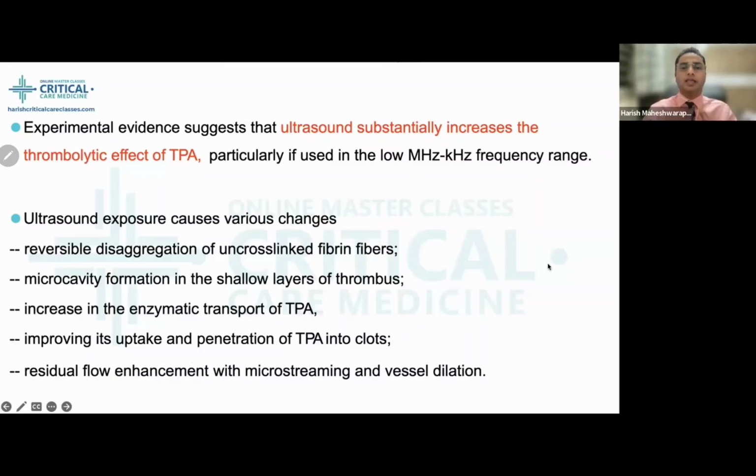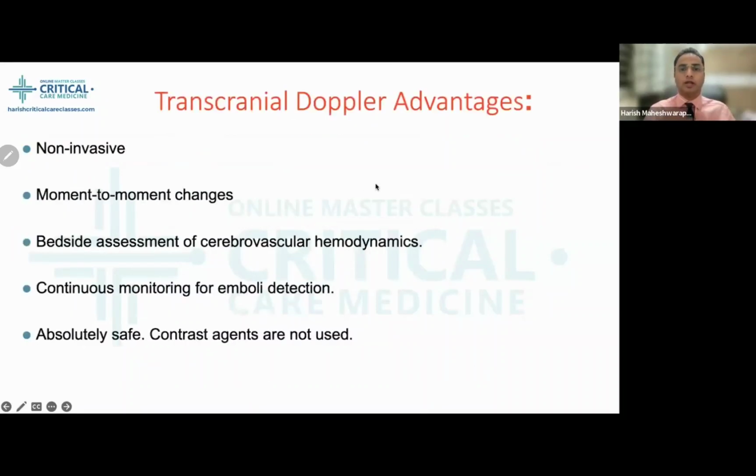So these are some of the experimental evidence. Other than diagnostic help, TCD also has different mechanisms that potentiate the thrombolytic effect of the tissue plasminogen activator.